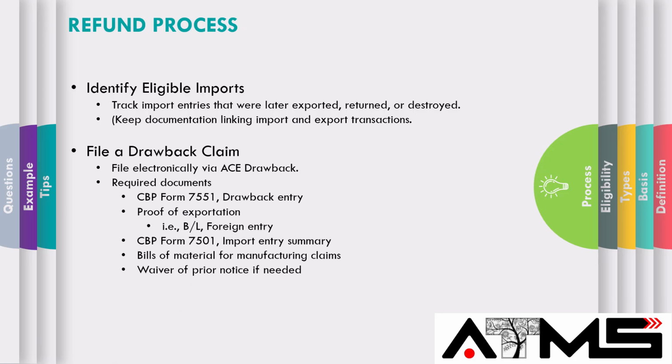The typical documents include CBP Form 7551 drawback entry, proof of export such as bill of lading or export declaration, CBP Form 7501 entry summary for the original import, bill of material in the case of manufacturing drawback. Lastly, a waiver of prior notice if applicable.